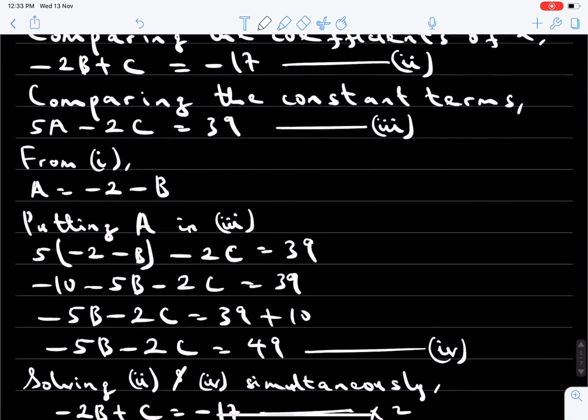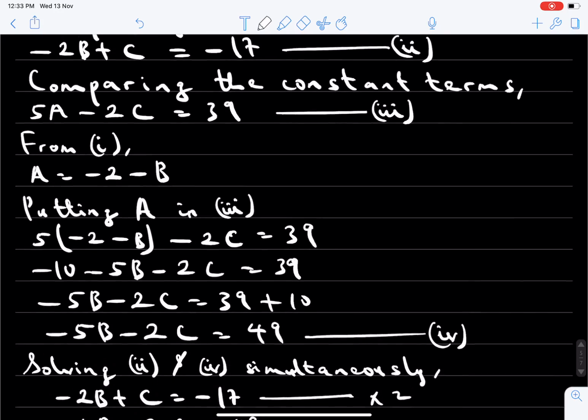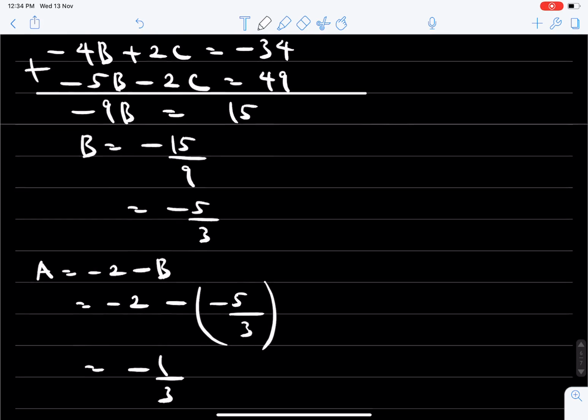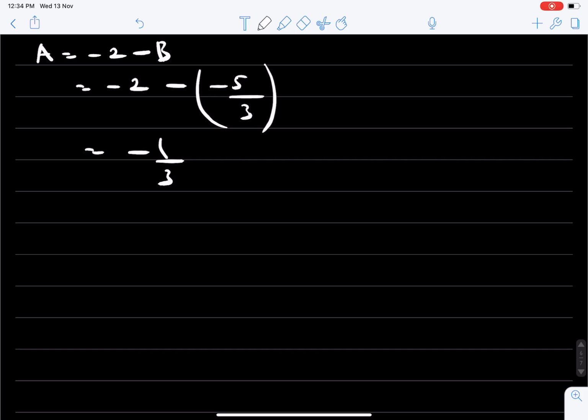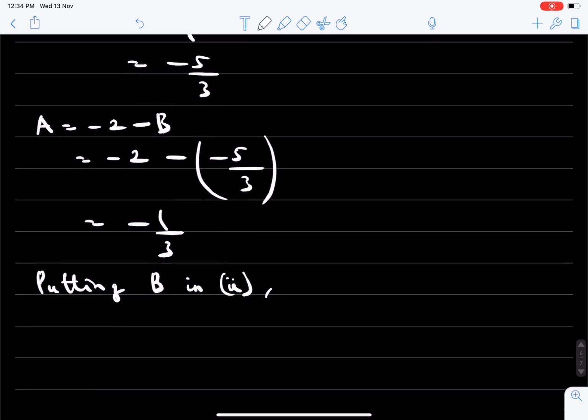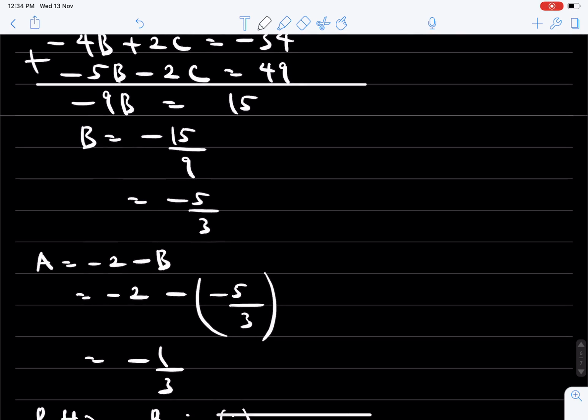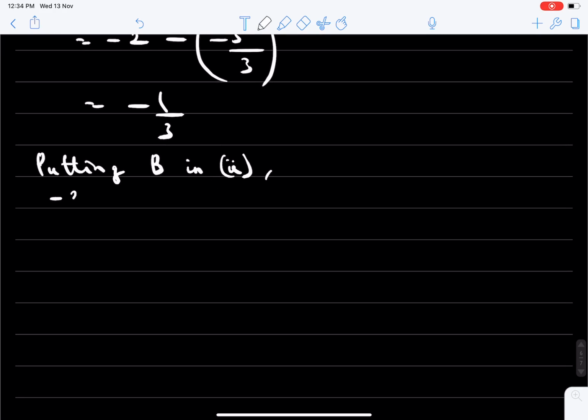So how do we find c? Putting b in equation 2 to find c. What's equation 2? Minus 2b plus c equals minus 17.